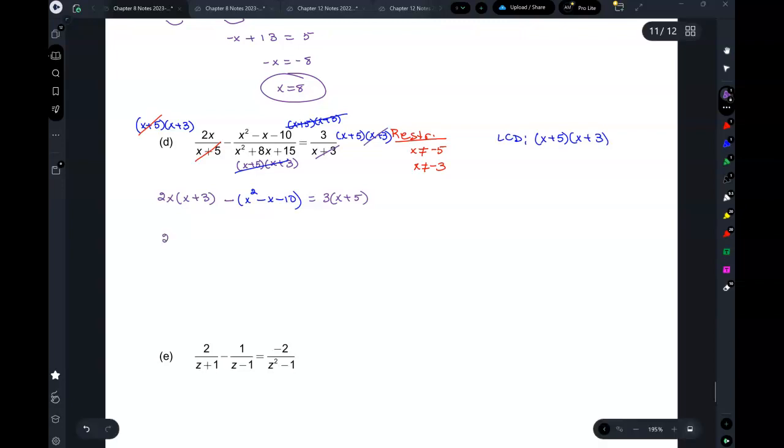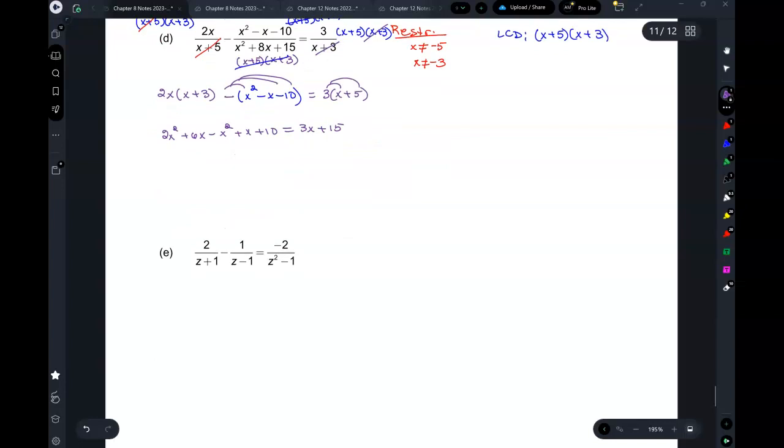Okay, so 2x squared plus 6x minus x squared plus x plus 10 equal to 3x plus 15. So now we've got to combine all of these like terms. So 2x squared minus x squared, that's x squared, plus 7x plus 10 equal to 3x plus 15.